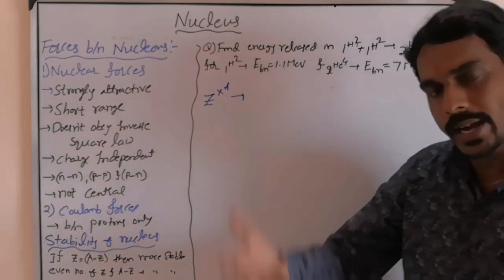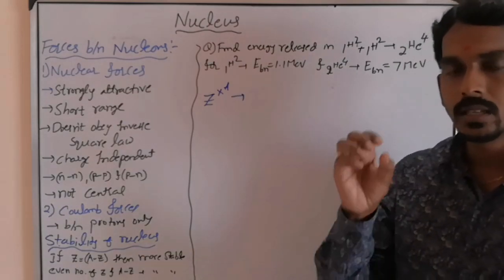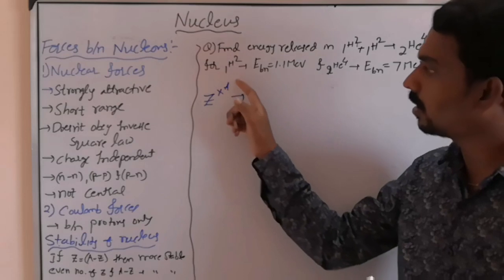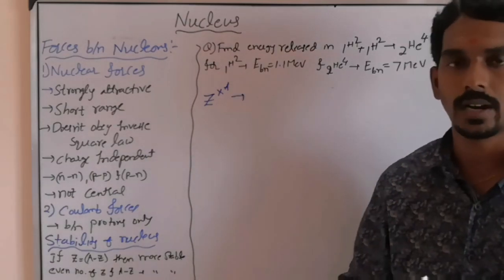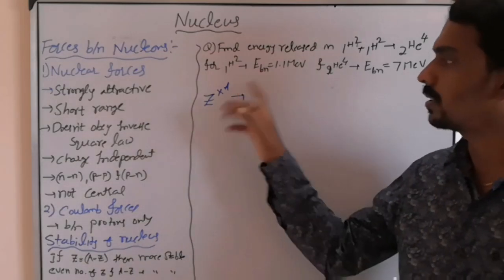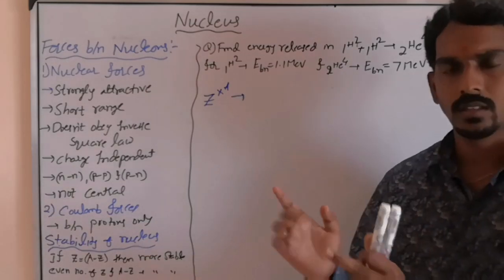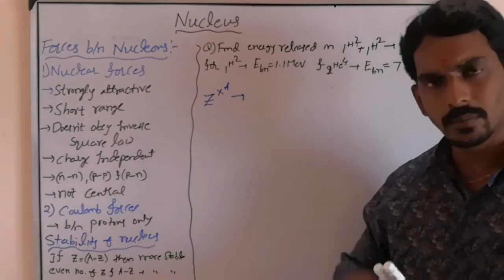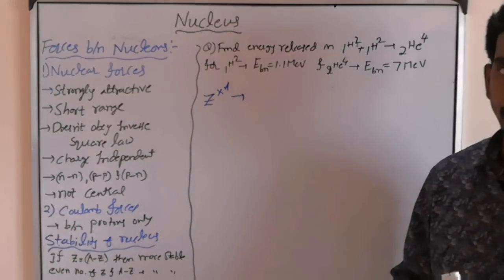So whatever binding energy we calculate is the binding energy for all these nucleons. For one nucleon, you have to divide the binding energy by this number. Like for 10 nucleons, this much, then for 1, that much divided by 10. So that is what we have studied.